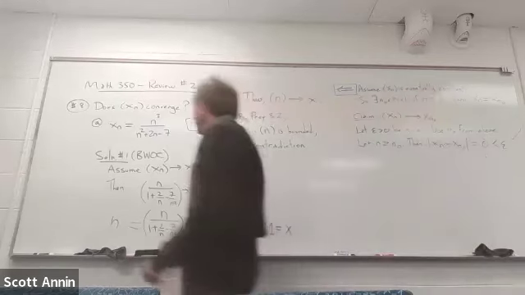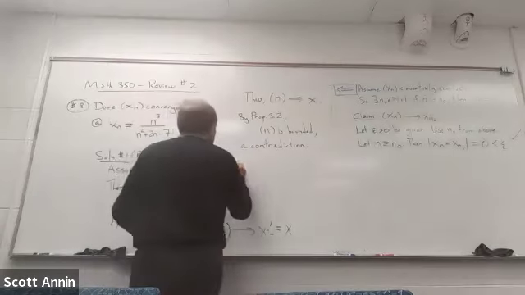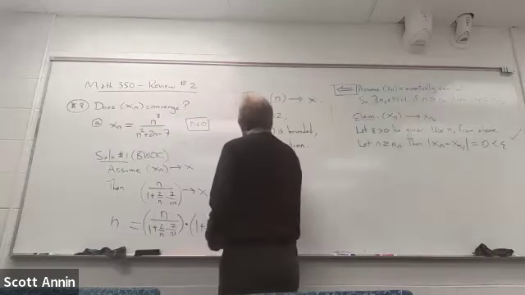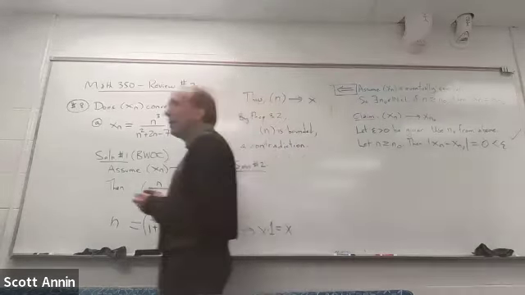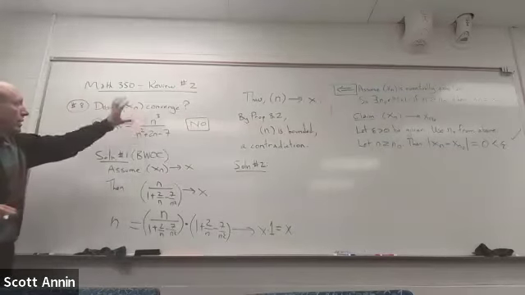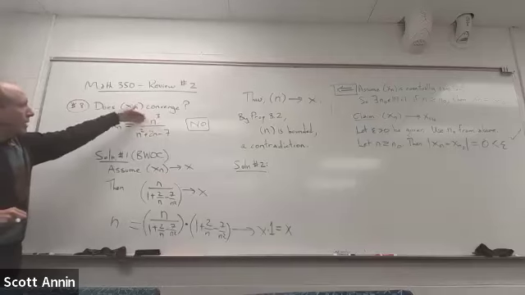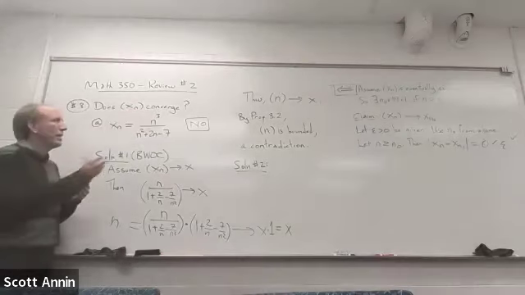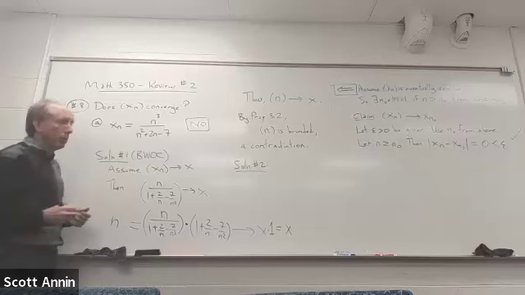Now, my second solution is basically the same thing, except applying it directly to xn. If xn converges, then this thing is bounded. And you can think about this again intuitively. As n gets large, this thing blows up.